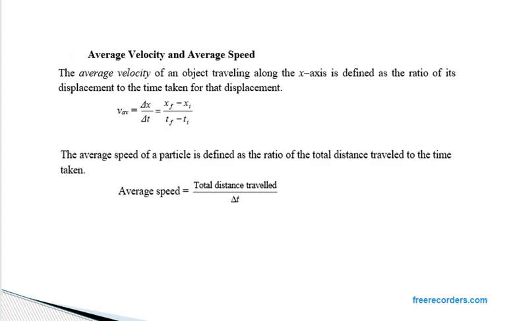As you can see under average velocity, it is written that it is del x over del t. What del represents here is the change.